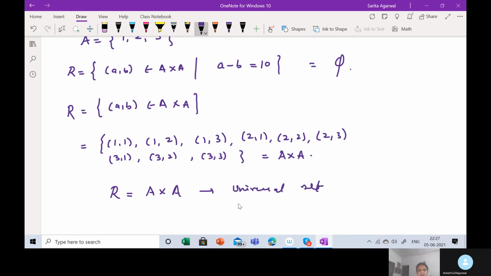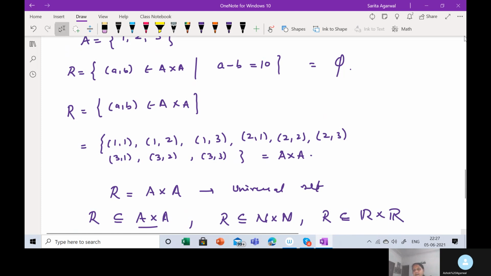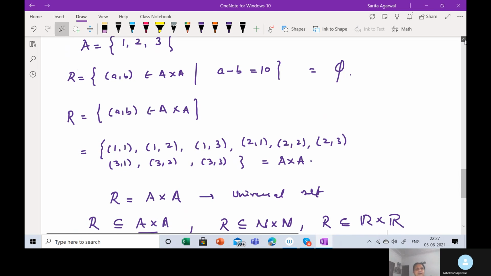This means the relation is always a subset of this Cartesian product. If we are taking naturals, then this relation is a subset of N cross N. If we are taking reals, it is a subset of R cross R, that is the reals.